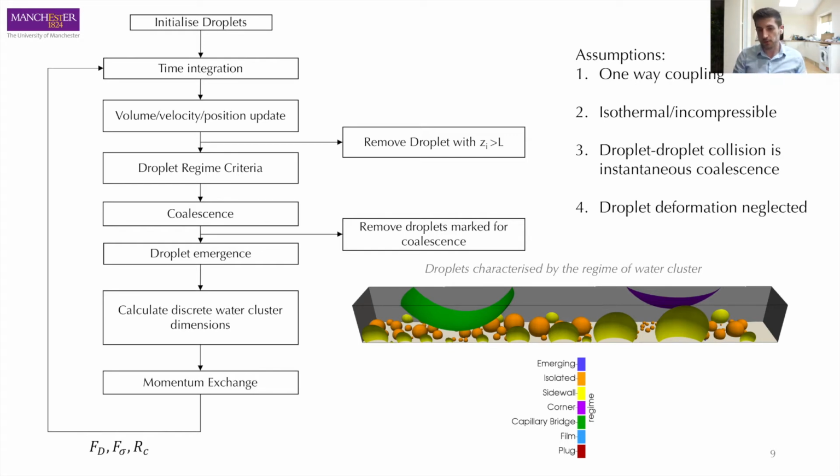Now there's several assumptions we use, such as one-way coupling, which means we don't track the air explicitly, isothermal incompressible conditions, droplet-droplet collision is instantaneous coalescence, and droplet deformation is neglected in the droplet stages, but we have incorporated film flow for the capillary bridge deformation into film-like structures.